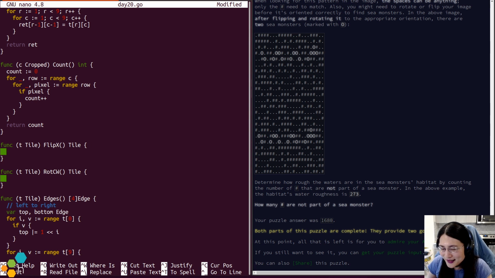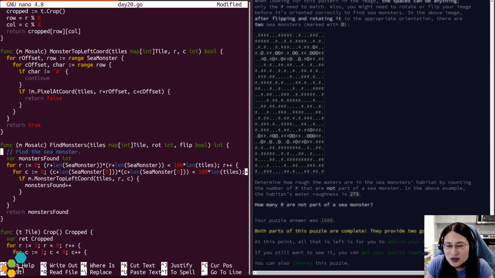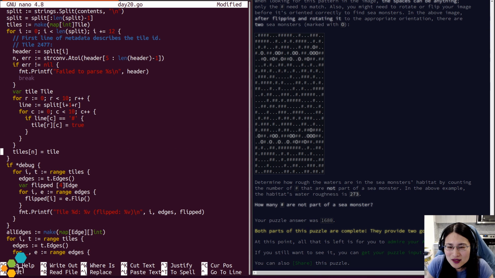And in fact, I believe this means that I could technically share the same inner array, but on the other hand, it's kind of sloppy to do that, so I am going to actually clone it. Okay, so how am I constructing a new tile here?